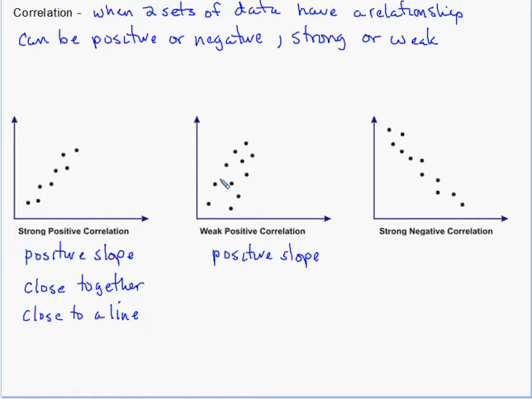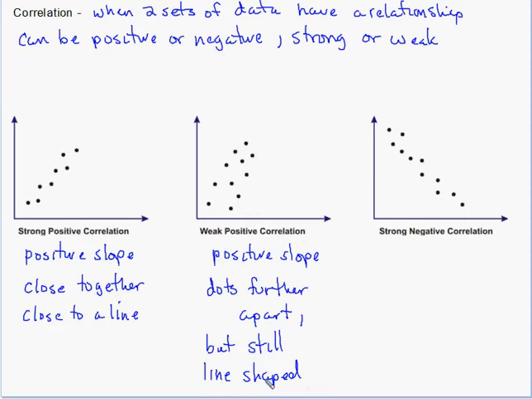They're still in the right shape, but they're further apart. So that's why it's a weak correlation. The dots are further apart, but still line shaped.